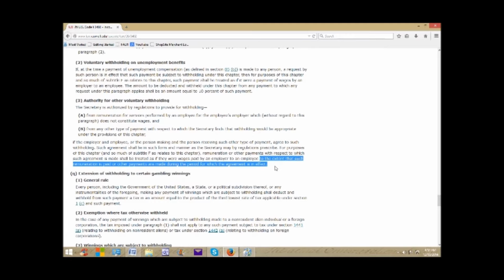To the extent that such remuneration is paid or other payments are made during the period for which the agreement is in effect. During the period for which the agreement is in effect. So you can cancel that at any time.